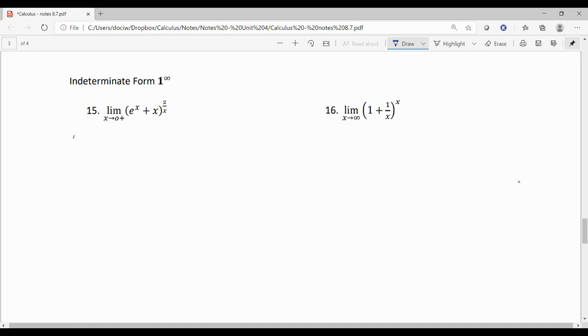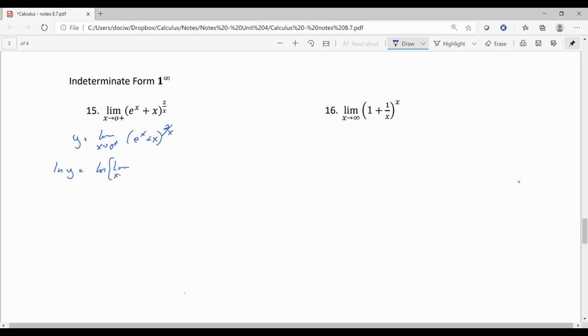Basically, what we're going to say is that y is equal to the limit as x approaches 0 of e to the x plus x, to the 2 over x. Next, we're going to take the natural log. We've done this before.